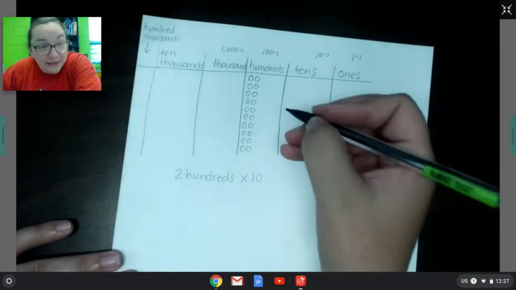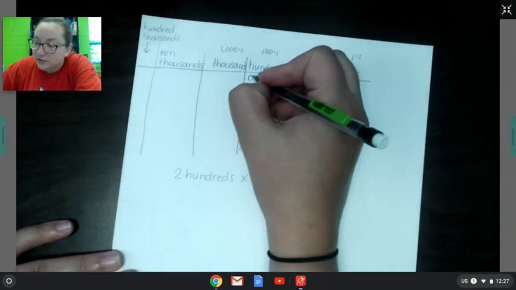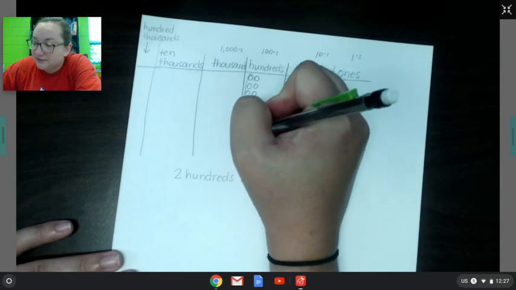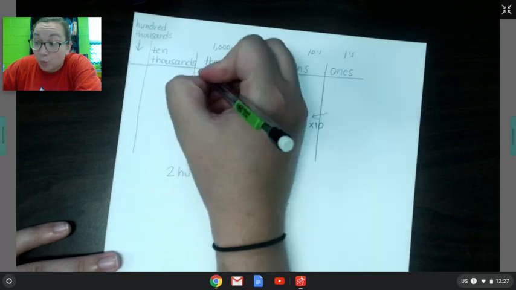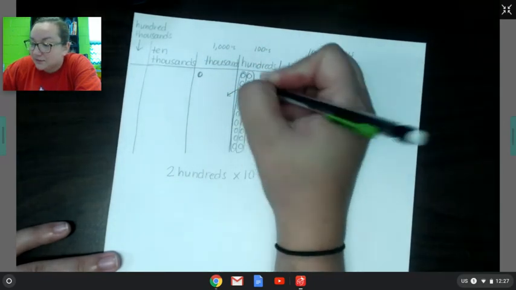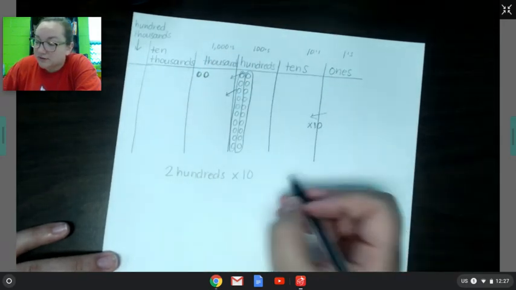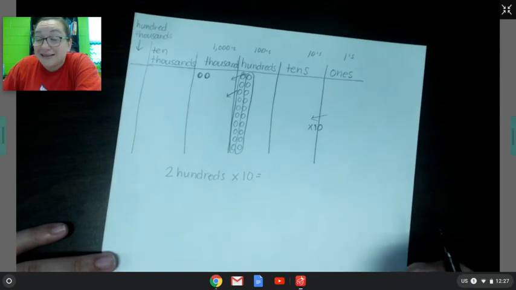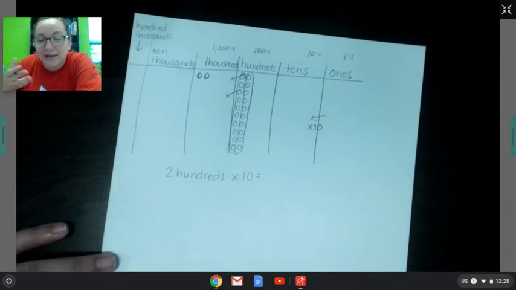Again, 10 of something, we move it to the next place value. So this is 10. We're going to move this bundle over, which makes 1,000. And this is 10. We're going to move this one over. It makes 2,000.